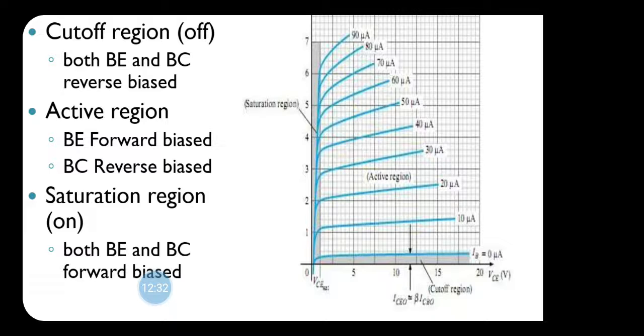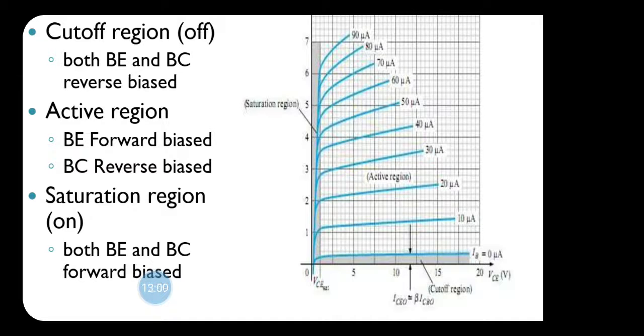Here you can see, the active region is a very important region for the transistor, which is basically used in many applications. Now cutoff mode is the region in which the transistor is in the cutoff state. In cutoff mode the current is 0 but the voltage is maximum.